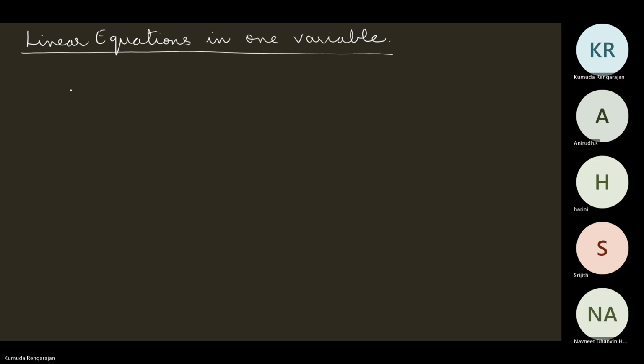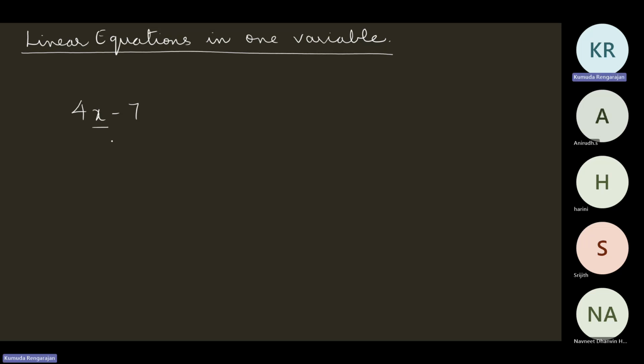All right. So let's first understand the difference between an expression and an equation. Okay. So when I write something like this, we call this an expression, an algebraic expression, because it's made up of variables and constants.